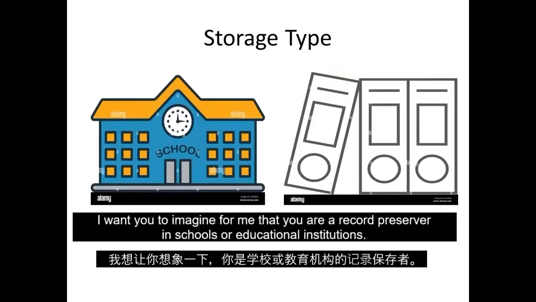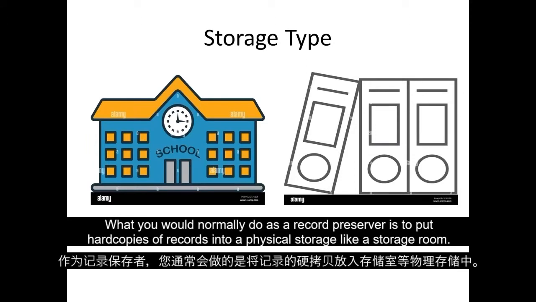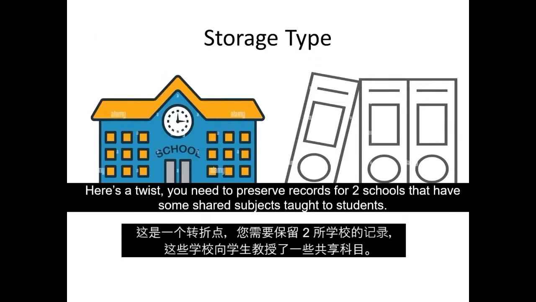I want you to imagine that you are a record preserver in schools or educational institutions. What you would normally do as a record preserver is put hard copies of records into a physical storage, like a storage room. Here is a twist.